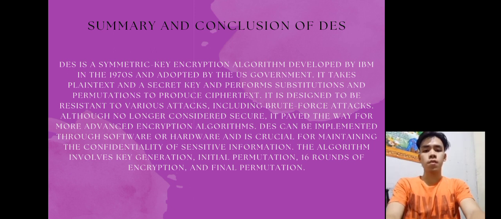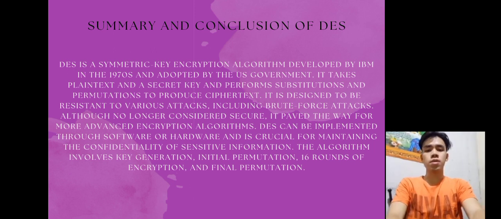It paved the way for more advanced encryption algorithms. It can be implemented through software or hardware and is crucial for maintaining the confidentiality of sensitive information. The algorithm involves key generation, initial permutation, 16 rounds of encryption, and final permutation.